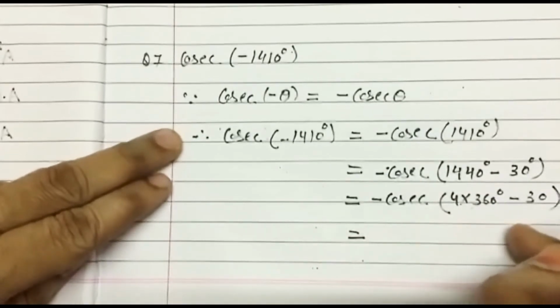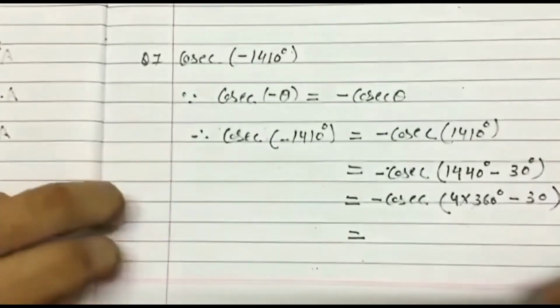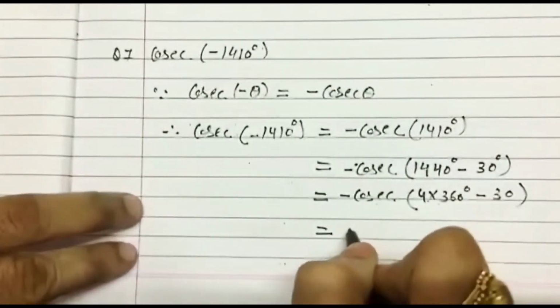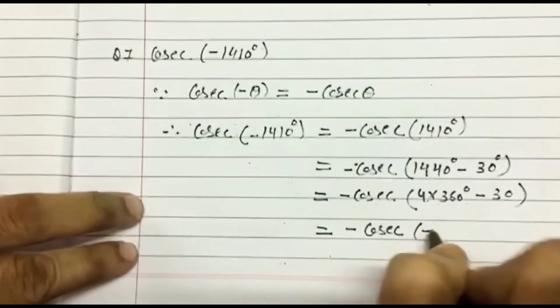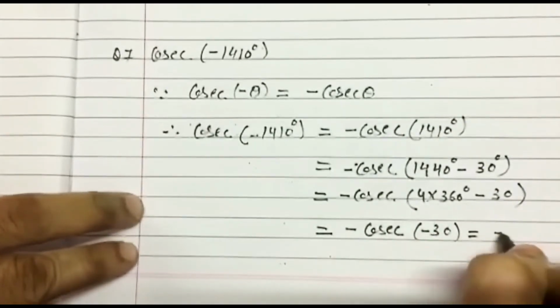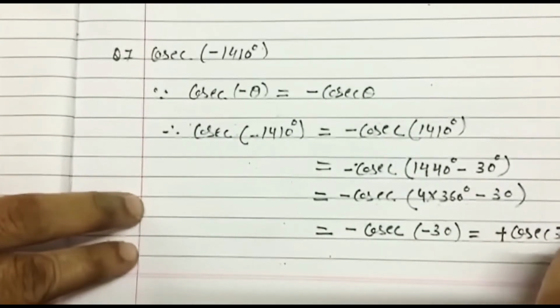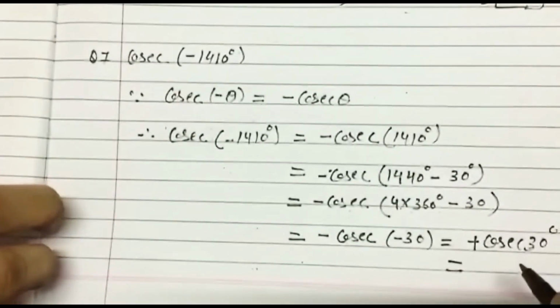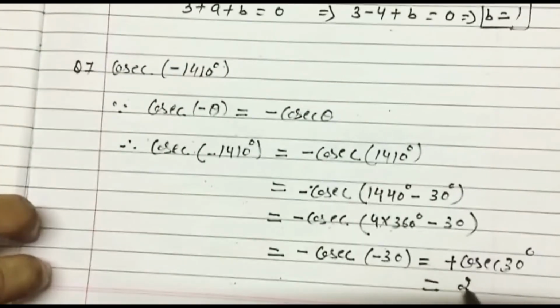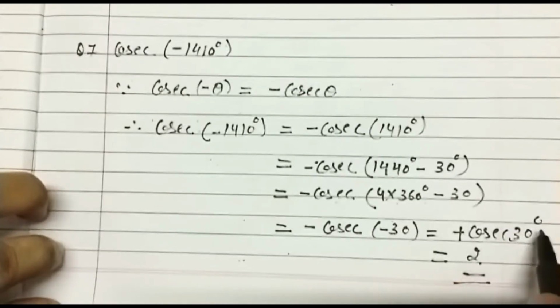Since it is 2 pi minus theta in the fourth quadrant, you write minus cosec 30, so minus minus is plus cosec 30 degree. The value of cosec 30 is 2 only. So the answer is 2.